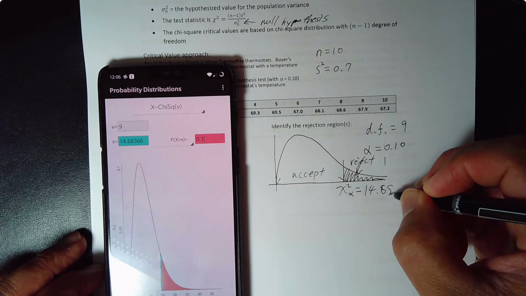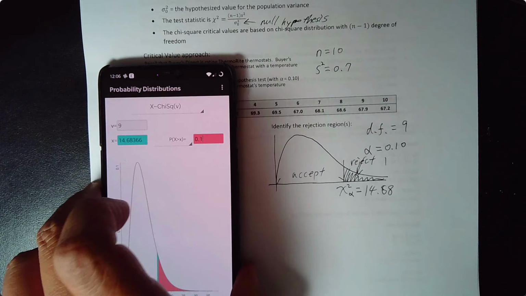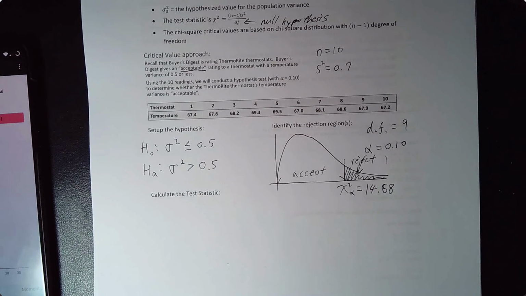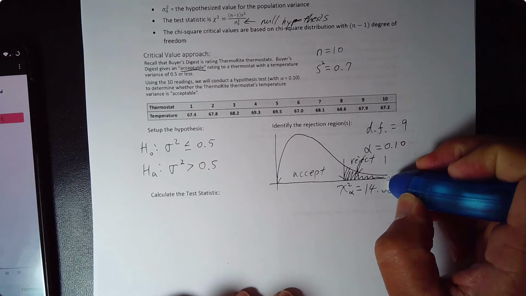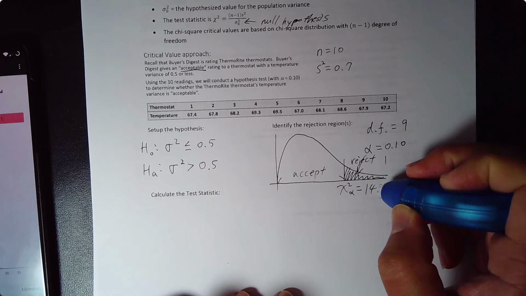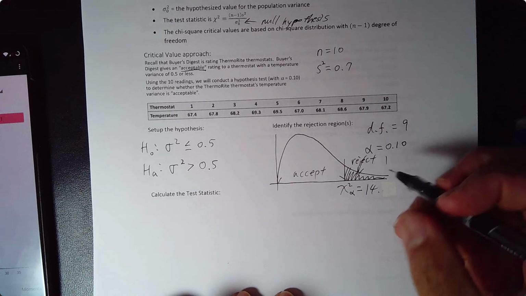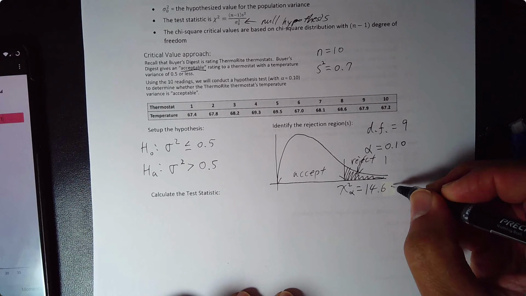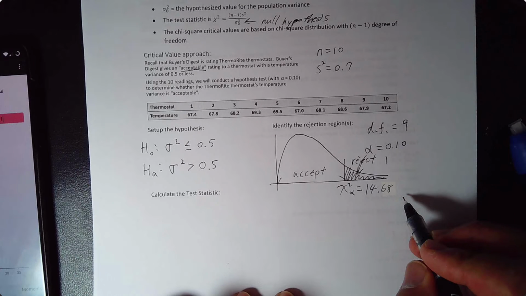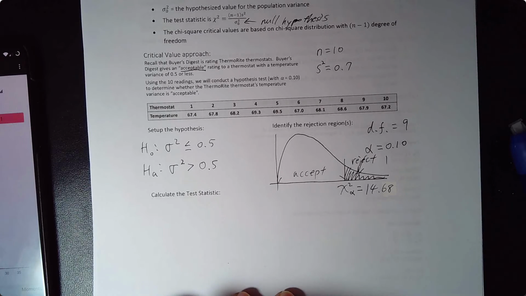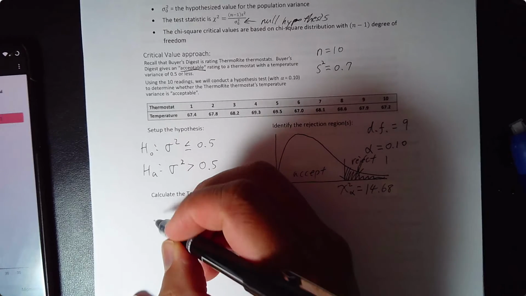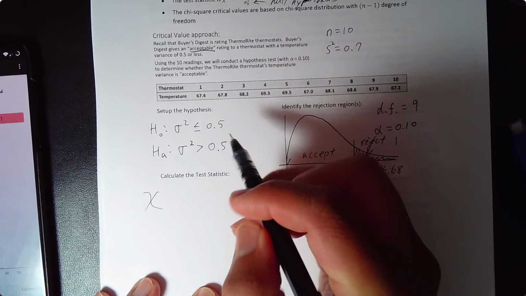Now I have a critical value to compare my test statistic against. It's the same as before with the population mean. If my test statistic is greater than 14.68, I will reject the null hypothesis. If it's less than that, I will accept the null hypothesis. Just look up above at how we calculate the test statistic.